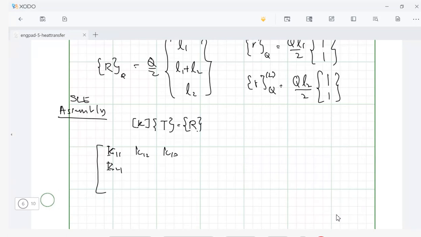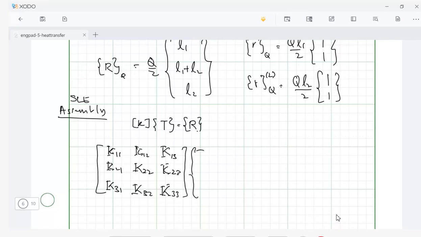So let me stress that this is capital K. Again, capital K. Okay, and of course, T1, T2, and T3 equal to R1, R2, and R3.